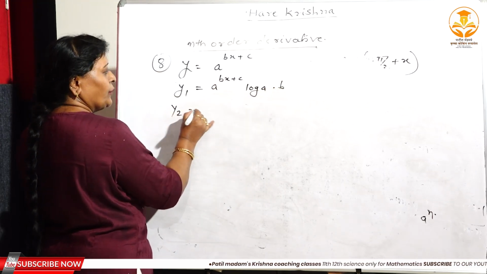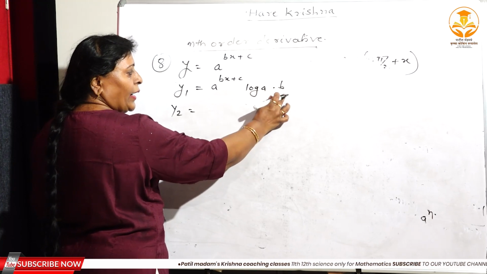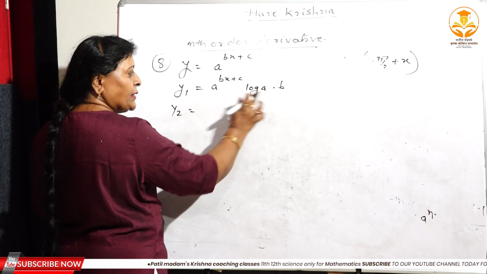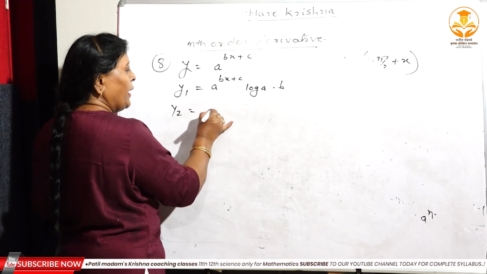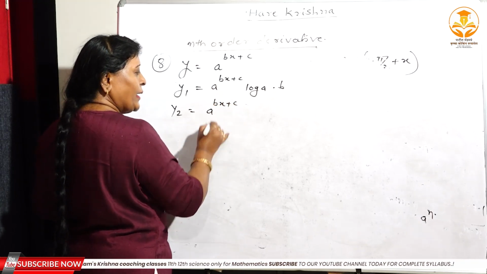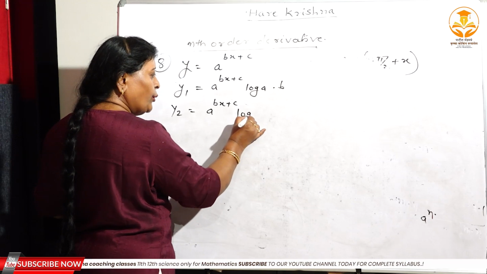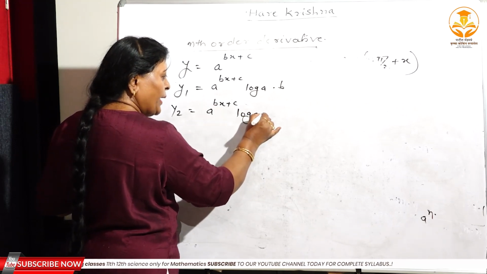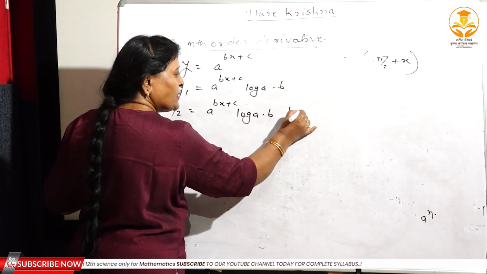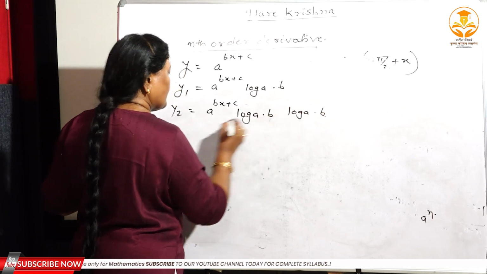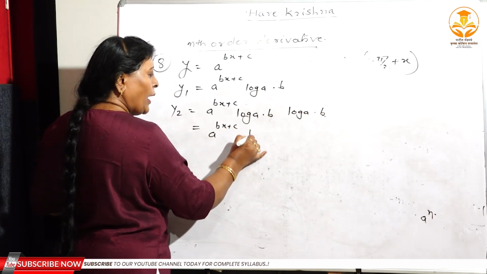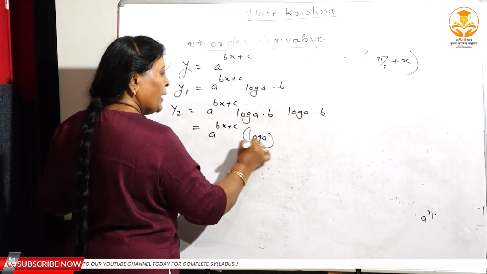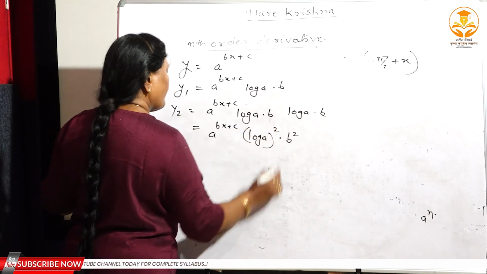Again y2. This log a and b, these constant terms remain as they are. Again you have to find out the derivative of a raised to bx plus c, that is a raised to bx plus c into log a into b, and log a and b remain as they are. Therefore here you have got a raised to bx plus c, log a whole square, and b square.